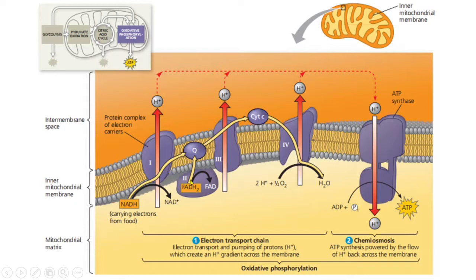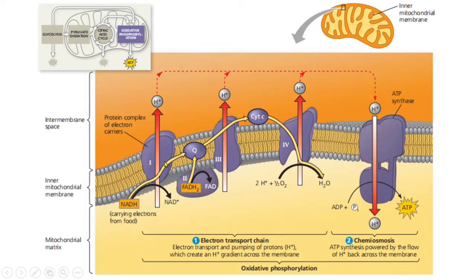Now do take note that what happens here is that the NADH and the FADH2 will release the electrons that they are carrying. As the electrons go through the electron transport chain, energy is released, and that energy is used in order to bring hydrogen ions into the other side of the membrane, going into the intermembrane space of the inner mitochondria.